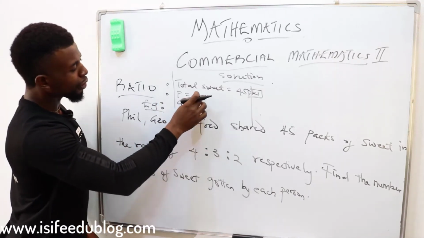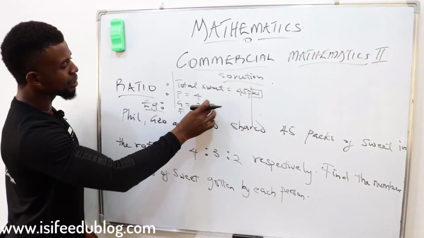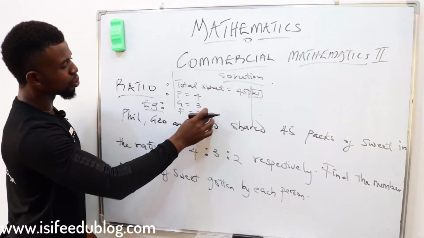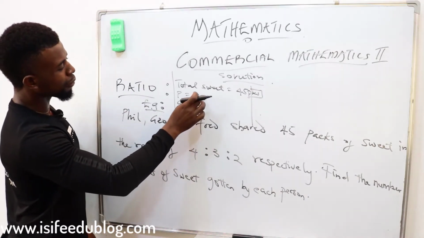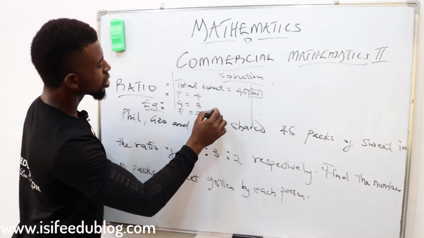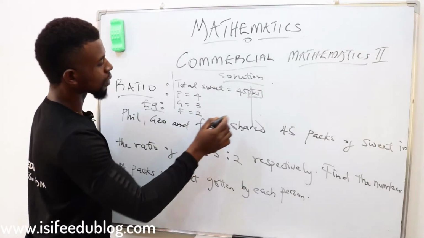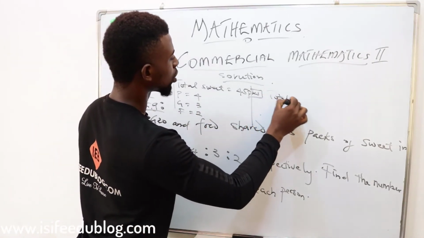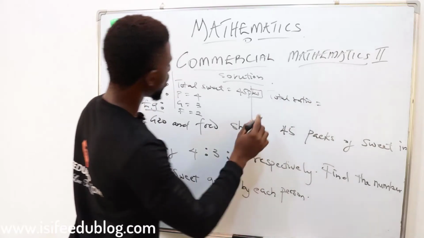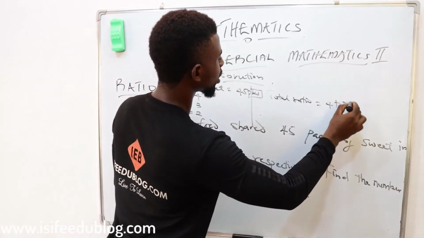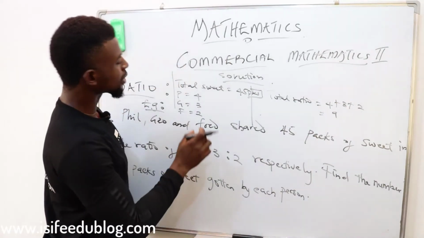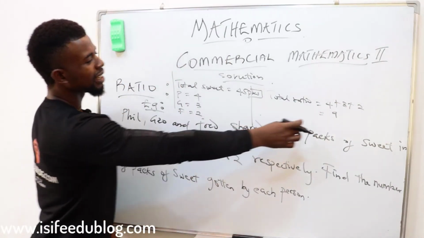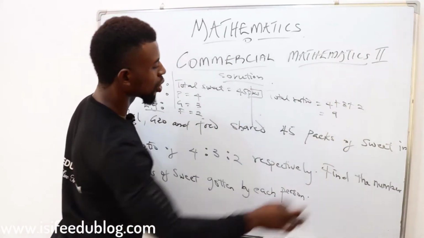For each set he picks 4, each set he picks 3, and each set he picks 2. So which means that for every single set we'll have a total number of 4 plus 3 plus 2, which is equal to our total ratio, which is 9. Okay? So it means that for every set that they pick, we have 9 sweets gone.